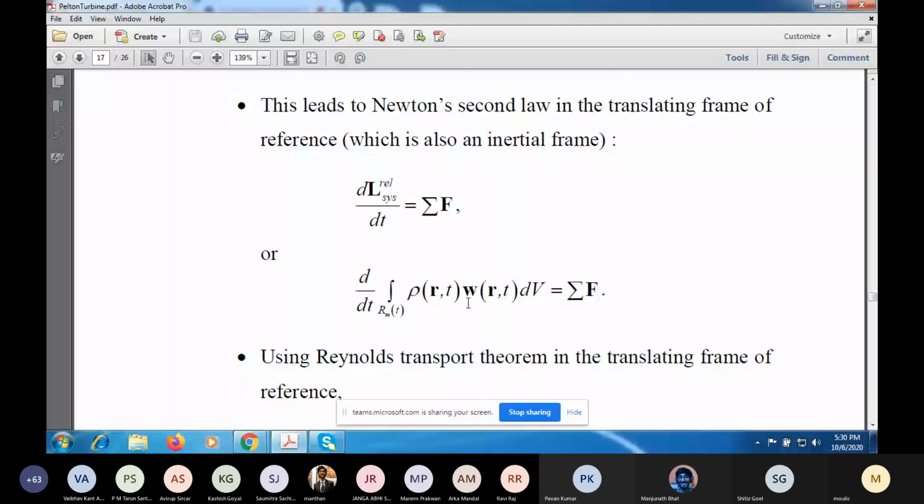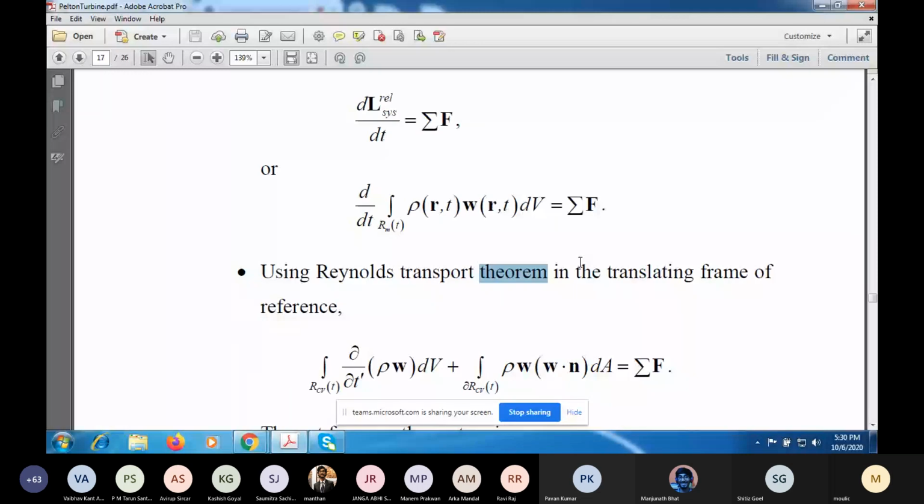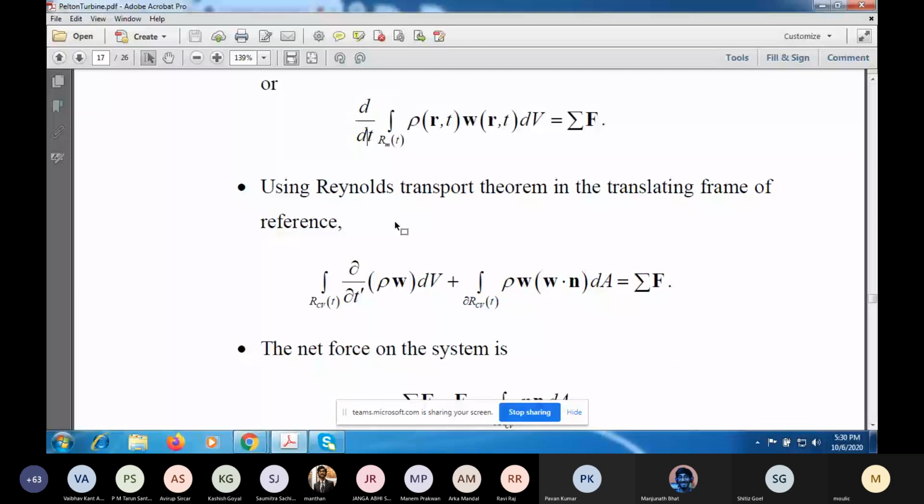So we have to apply this. Okay. Now it's convenient to use the form of Reynolds transport theorem in the translating frame, which I have shown. So this total derivative here, d/dt of the integral over the material region, I can write as a sum of two terms. One is the integral over the coincident control volume, and this is the temporal derivative in the moving frame.